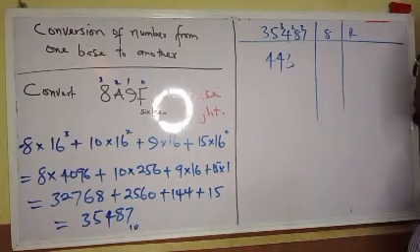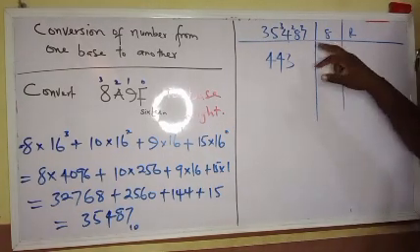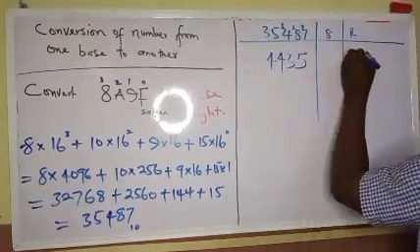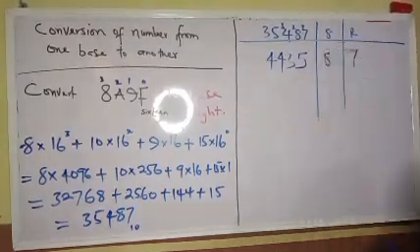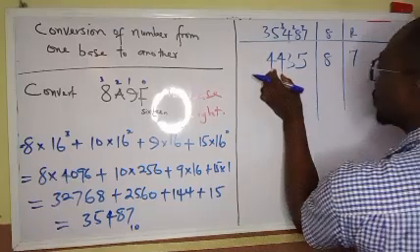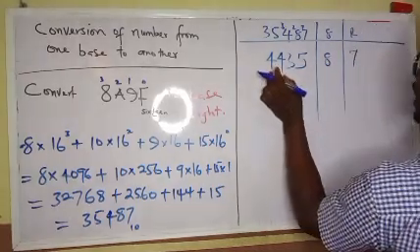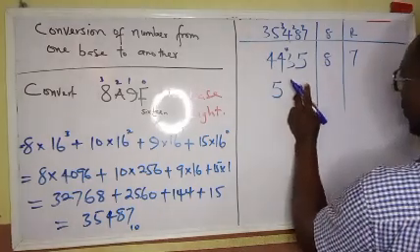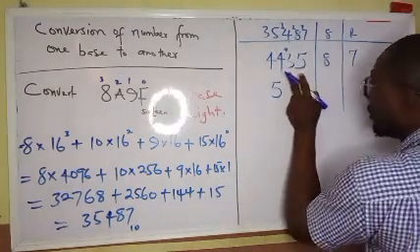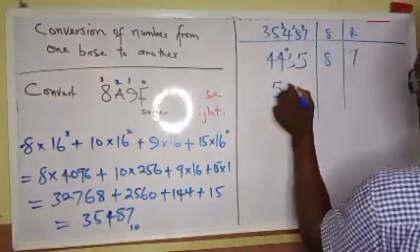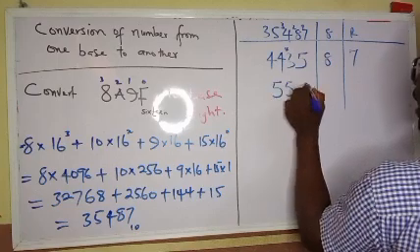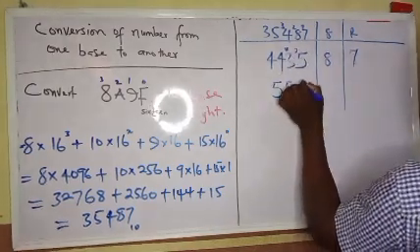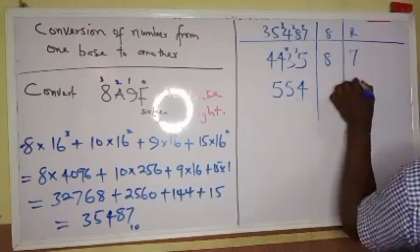8 in 48, then bring down 7: 8 in 47 is 5 times, remainder 7. How many times do we have 8 in 44? That's 5 times, remainder 4. 8 in 43 is also 5 times, remainder 3. 8 in 34 is 4 times, remainder 3.